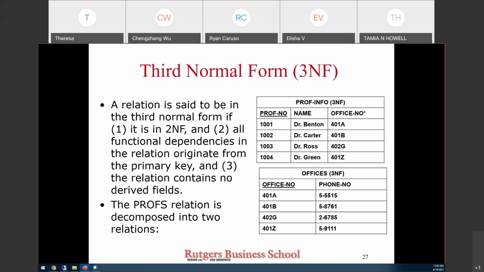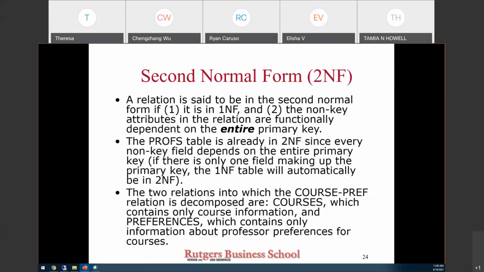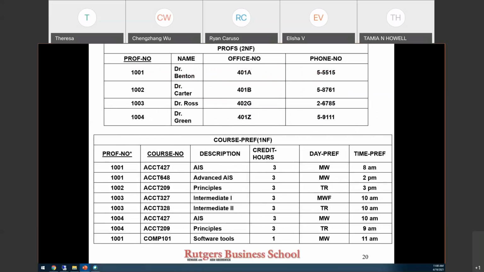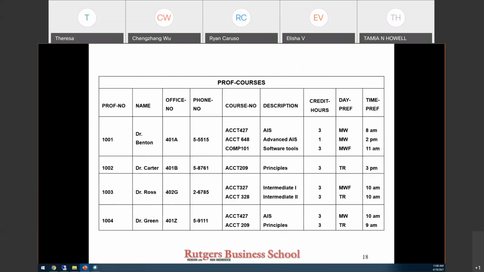For example, let's go back and see our original table design. In order to avoid the data anomaly problems, we can now decompose this table into 4 tables.